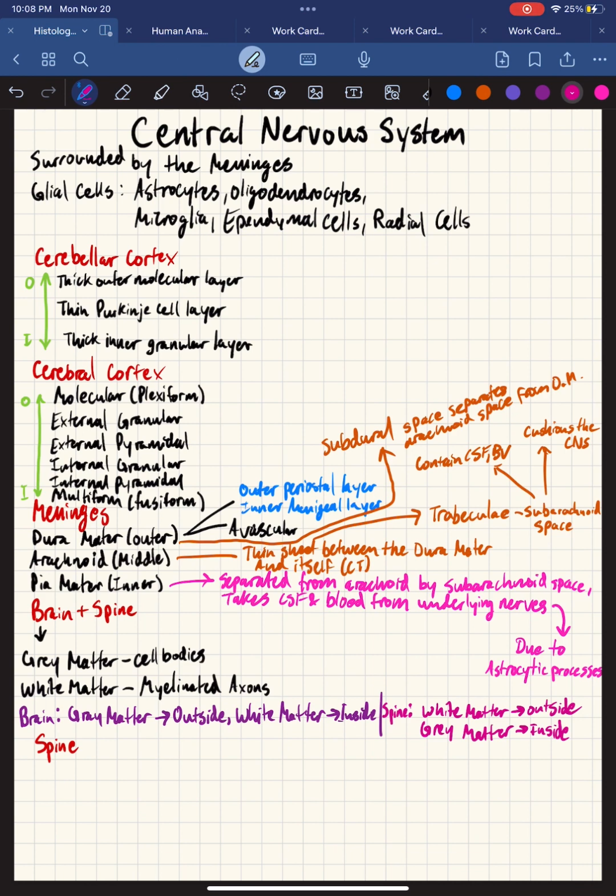Now, specifically on the spine, there is a little bit of some more interesting stuff that goes on there. And I'm going to write this in green because it's a little bit more extracurricular. But it still might be important because these professors are extremely unpredictable. The brain specifically has cerebral nuclei, which is an aggregation or like a giant cluster of cell bodies.